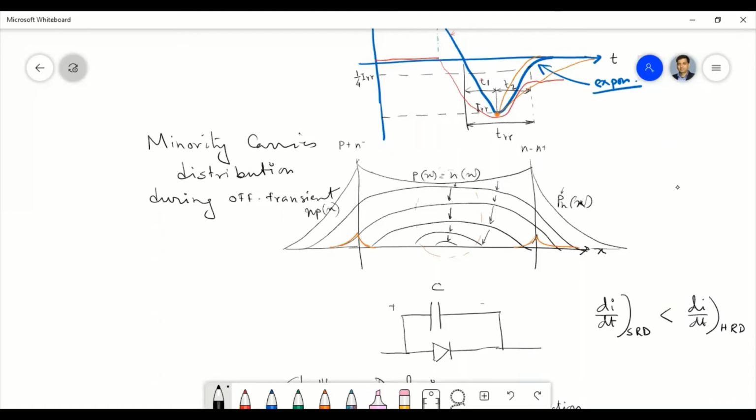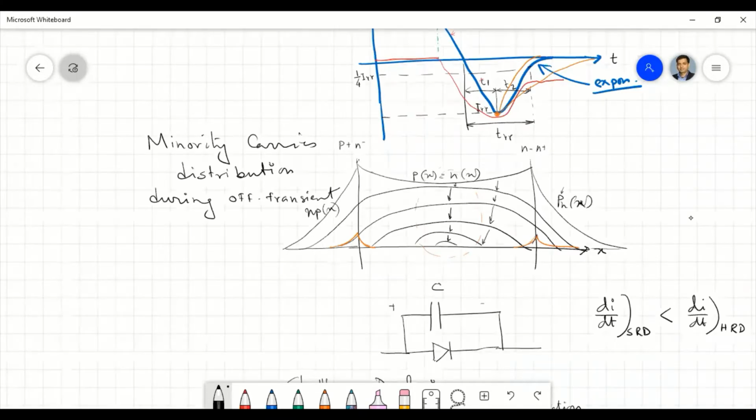So this is called the minority carrier distribution, and I have drawn it only for the switch off transient.